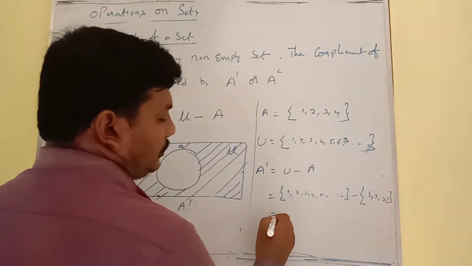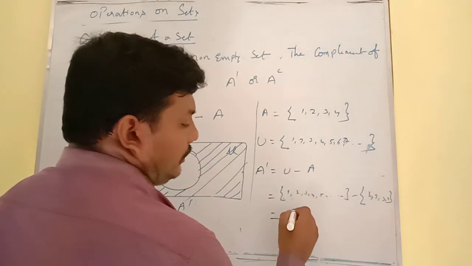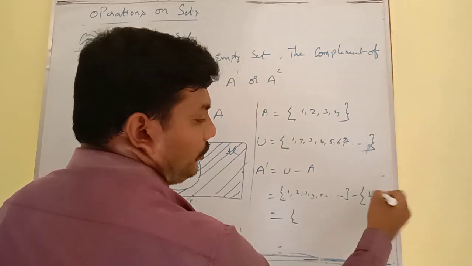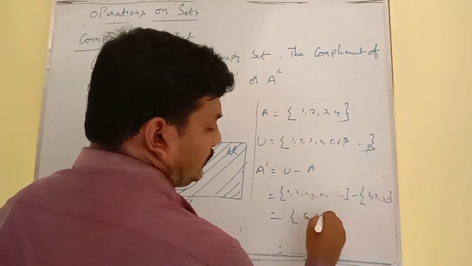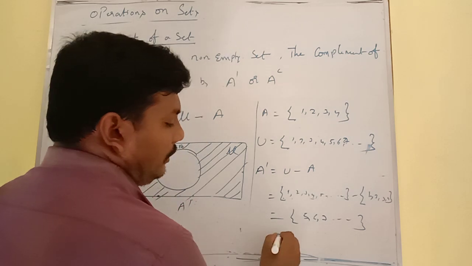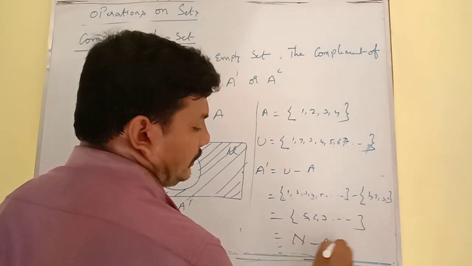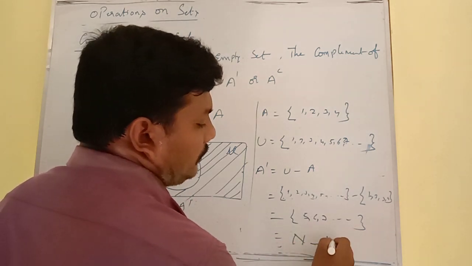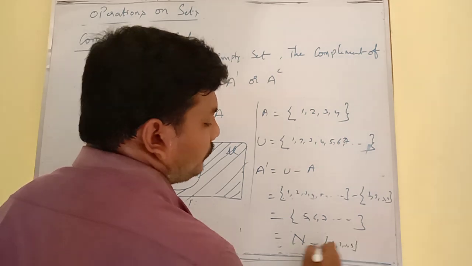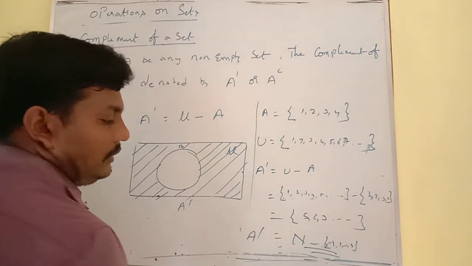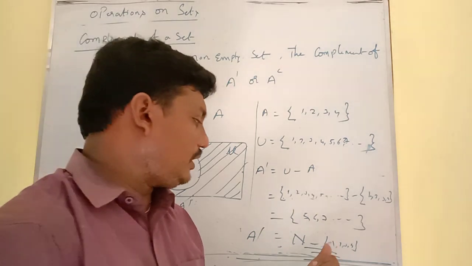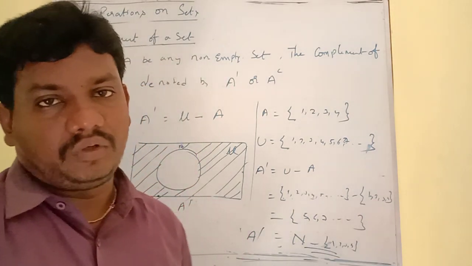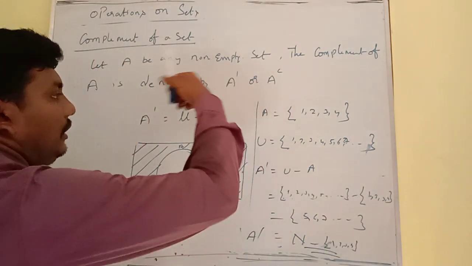Up to 4 we remove, and the remaining values are 5, 6, 7 and so on. This is N minus {1, 2, 3, 4}, which is called A dash, or A complement.